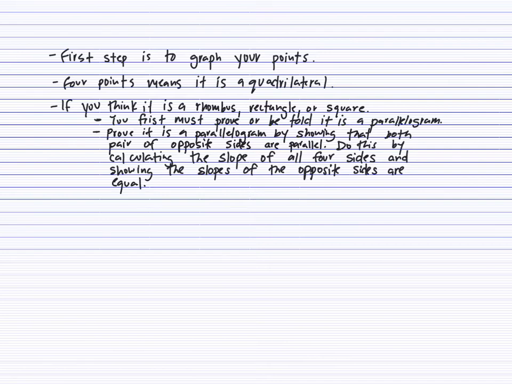So once we've done that, I can go on to my next step. Let's say now I know it's a parallelogram, but I still think that it is a rhombus. Once we have shown it is a parallelogram, we now want to show it is a rhombus.